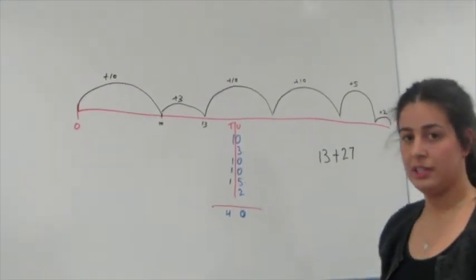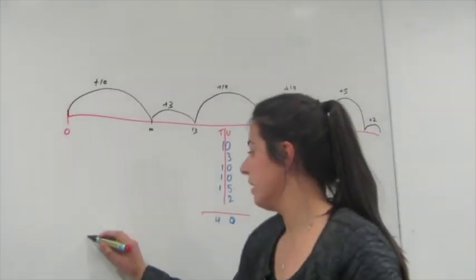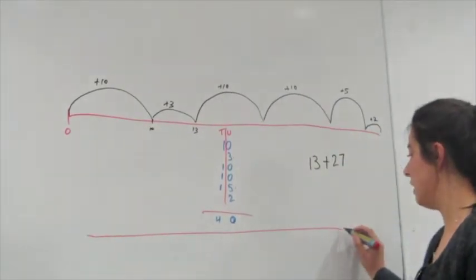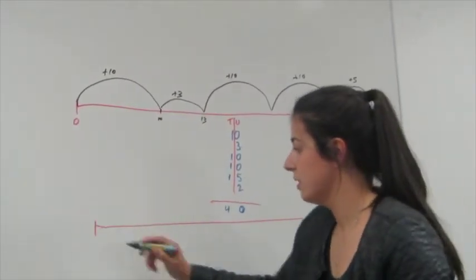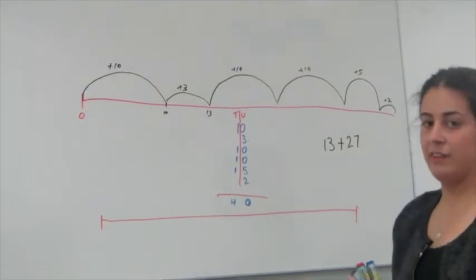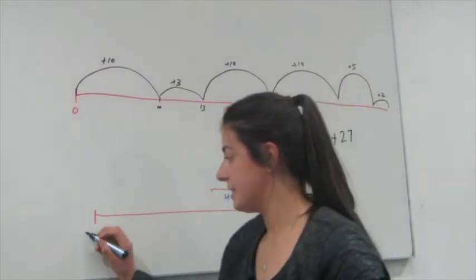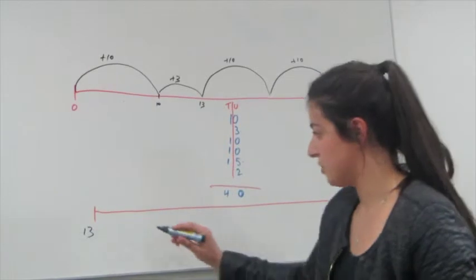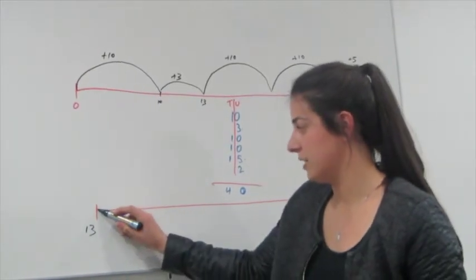Another way we can do this is, again on the number line, but this time we're going to be fast tracking. So we start at 13 and we just go up to 27.